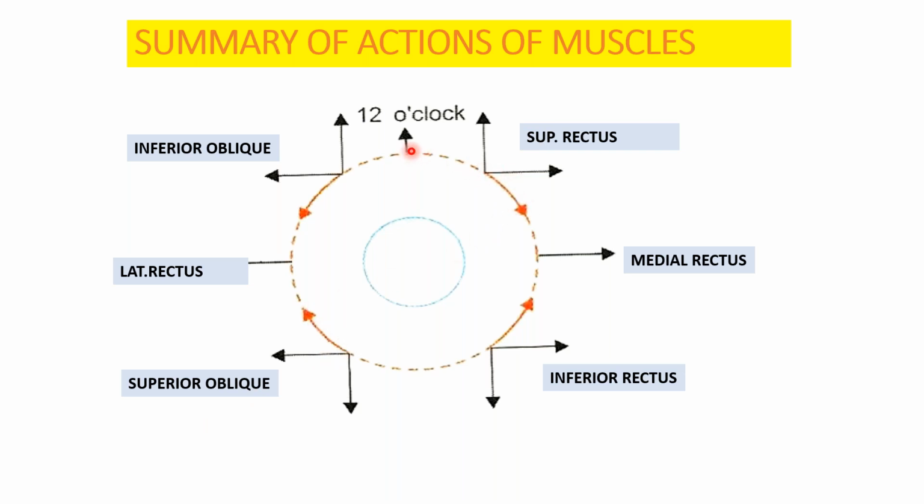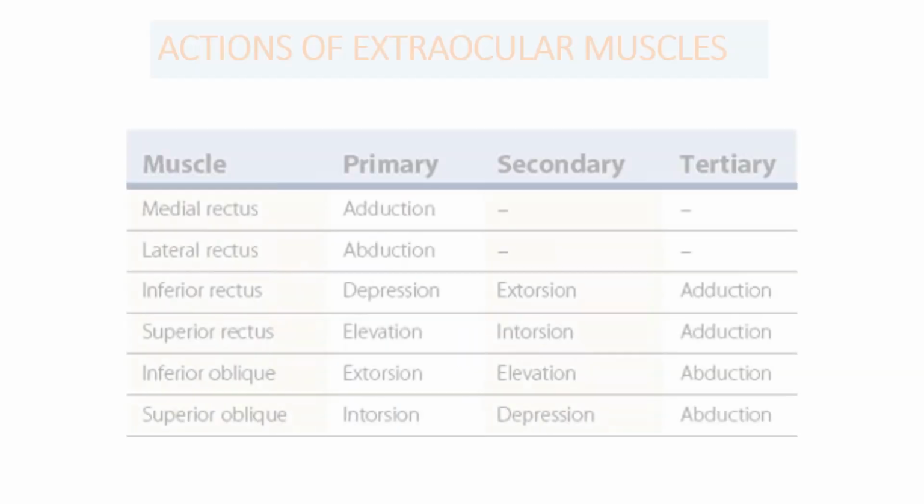Intorsion was the movement when the upper margin of the cornea or the upper margin of the pupil was medially rotated. The opposite action was the extorsion, in which the upper margin was rotating laterally. This is brought about by both the inferior muscles, that is the inferior oblique and the inferior rectus. So this is the quick summary of the extraocular muscle actions.